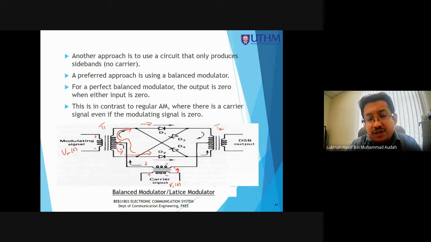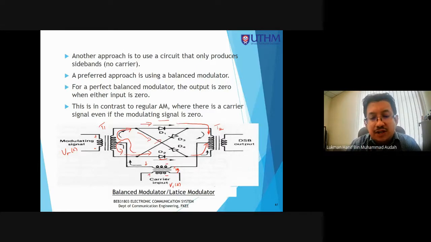So D1 and D2 will switch on. Manakala D3, D4 akan switch off due to the reverse bias, kerana current tidak boleh mengalir ke arah D4 dan juga D3. So the current flows towards here, maka terhasillah nilai output.